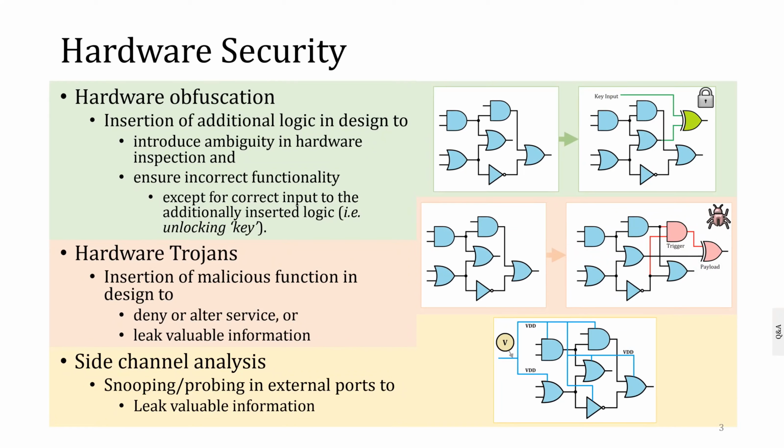The first protection scheme I'm going to mention here is hardware obfuscation, which is inserting some additional logic into a circuit in order to make it unusable unless a certain key or unlocking pattern is given in the inputs.